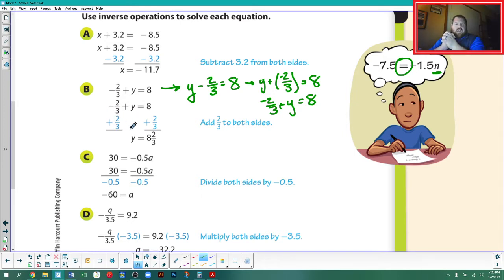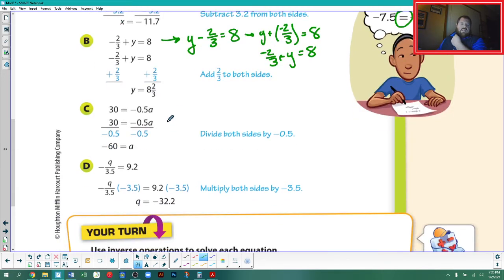But if it would help you to rewrite that equation in a way that made it a little more straightforward, feel free to do that. You can do all that preliminary work just as easily as I did. Now, I can see where it's going to end a little bit quicker than you can, but you'll get there with more practice. The next one, 30 equals negative 0.5 times a.